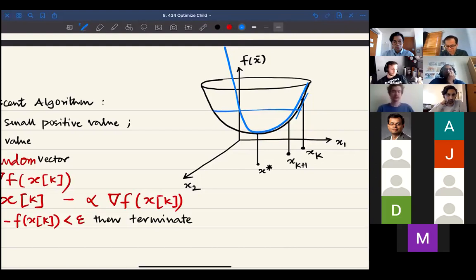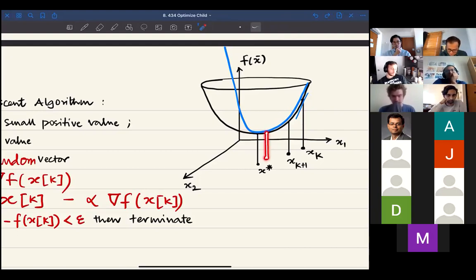If it's symmetric, you can oscillate from this side to this side. Okay. Wait, let me think. No. You can still run into that problem, Adil.